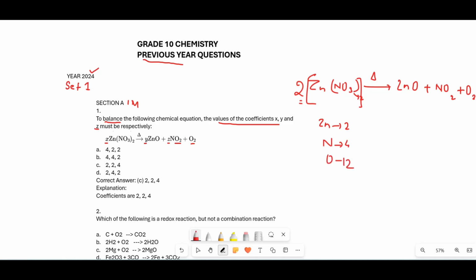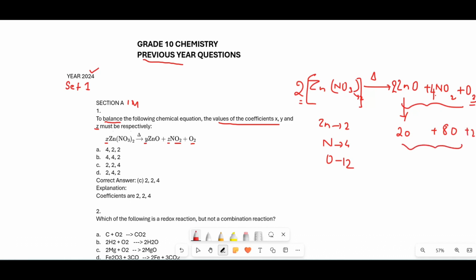Okay. Now, first of all, you make zinc 2. So on the right hand side you put 2, so 2 zinc oxide. Nitrogen becomes 4, so here we are supposed to put 4. Okay. And you check the oxygen atoms now on the product side. This side we have 2 oxygen atoms, and this side we have 4 into 2, 8 oxygen. So 8 plus 2, 10 oxygen. Then the remaining is 2 here, 10 plus 2, 12.